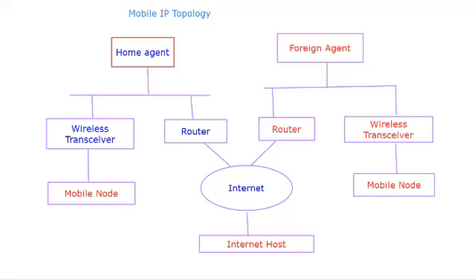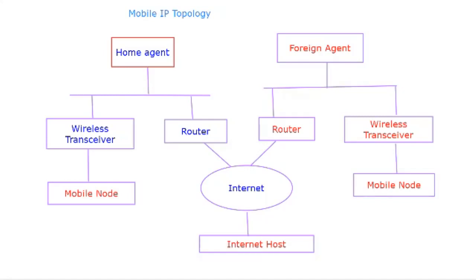Once again, I am explaining foreign agent: a router on a mobile node's visited network that provides routing services to the mobile node while the mobile node is registered. How does mobile IP work? Mobile IP enables routing of IP datagrams to mobile nodes.